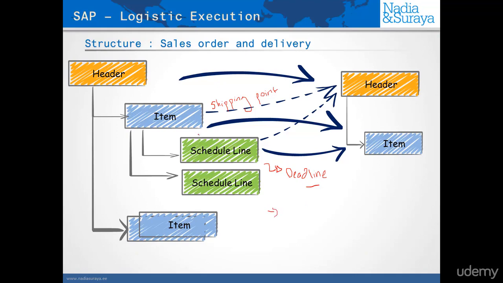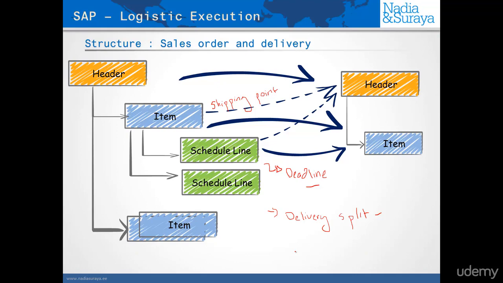So what happens if we have, for example, two items with different values? Then we have something called a delivery split, which basically means that from one sales order you will actually create two or more deliveries. The most common delivery split is when you have a sales order with items with different shipping points.